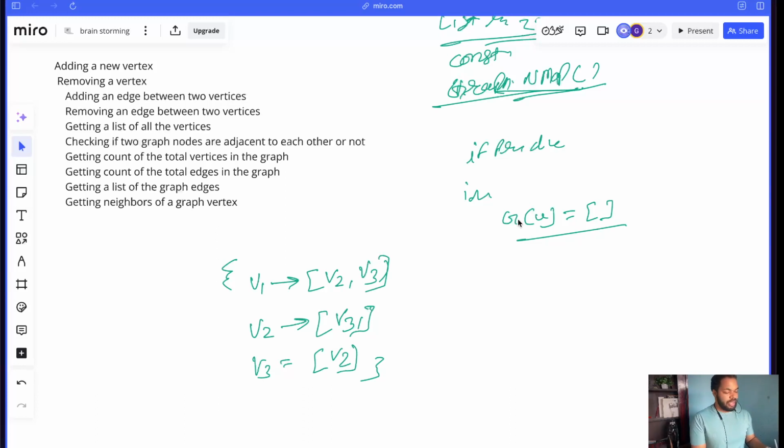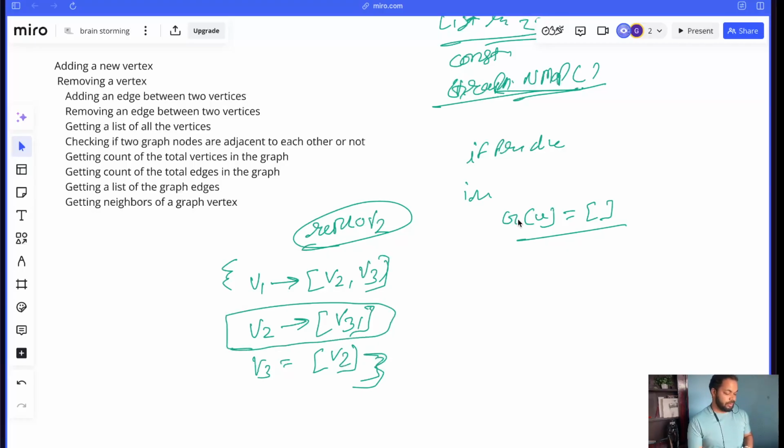So this is the graph you already have. Now he is saying remove v2. First thing we'll definitely do is remove this complete relationship. Then we'll definitely remove these relations also by going through all the vertices one by one. So this is our task.